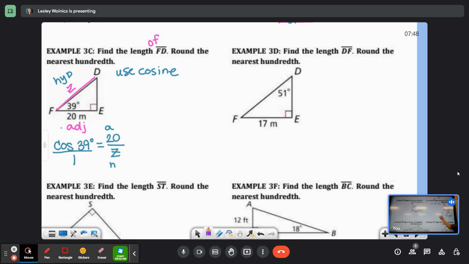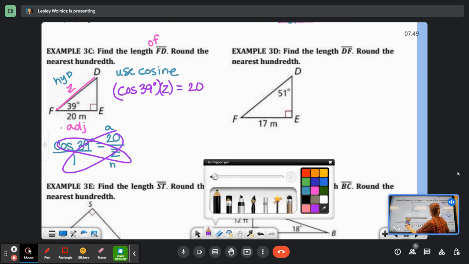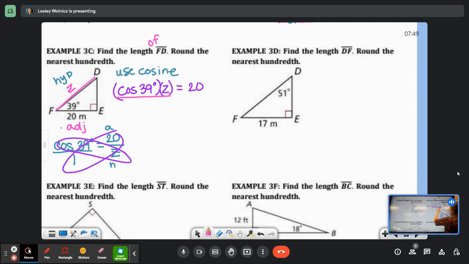All we have to do is cross multiply. So we can do cosine of 39 degrees times our z equals 20 times 1, which is 20. And then to undo multiplying by cosine of 39 degrees, all we have to do is divide by cosine of 39 degrees on both sides.